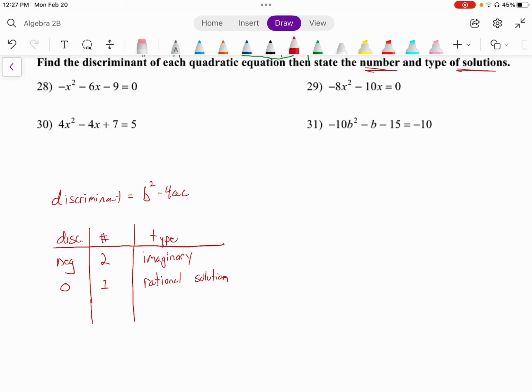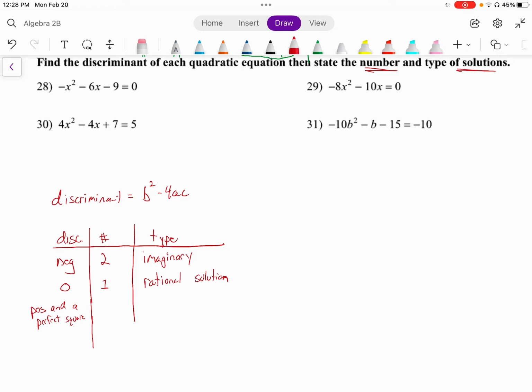Now there's two parts to the positive part. If it's positive and a perfect square. Perfect squares are integers squared.